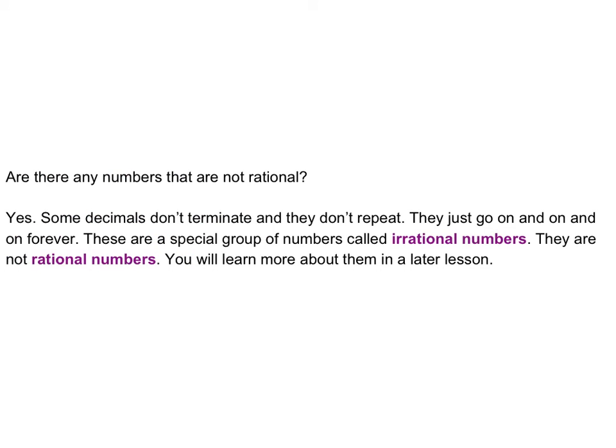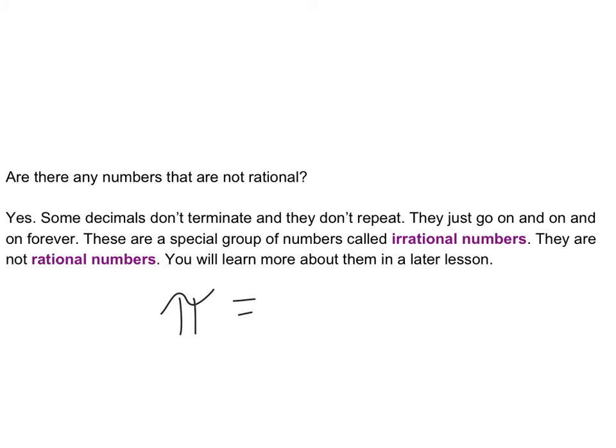So what about numbers that aren't rational? Okay, there are some. Some decimals don't terminate and they don't repeat themselves. They just go on and on forever. These are a special group of numbers called irrational numbers. They are not rational. We'll learn more about them in a later lesson, especially the main one, which is this sign right here, pi.